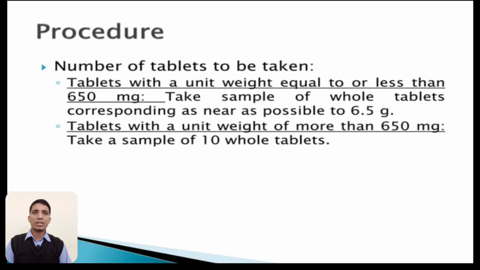For example, if the weight of a tablet is 325 mg, then we take 20 tablets, so that the total weight of 20 tablets becomes 6.5 grams. If the tablet weight is 650 mg, then we take 10 tablets. But if the tablet weight is more than 650 mg, then also we take a sample of 10 tablets.